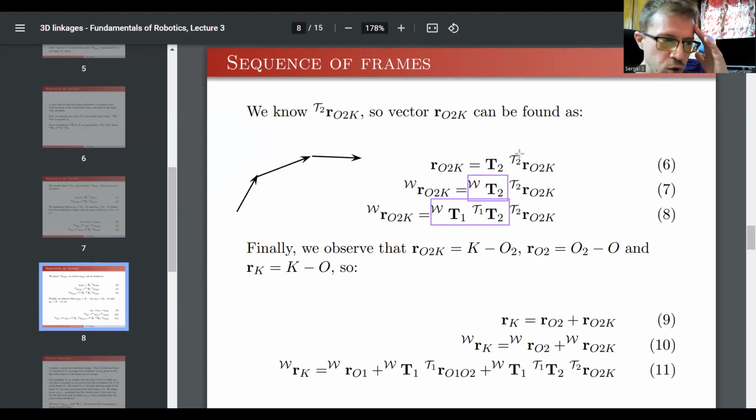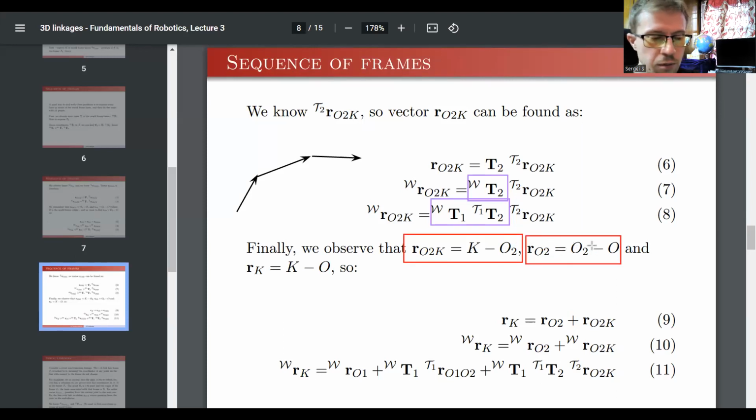Now it's time to try to use this information. First, we know that K with respect to O2 is given by the vector RO2K. The position of O2 is given by O2 minus O. So if we want the position of K with respect to the world frame, K minus O, it is quite obvious that we need to add RO2 to RO2K.